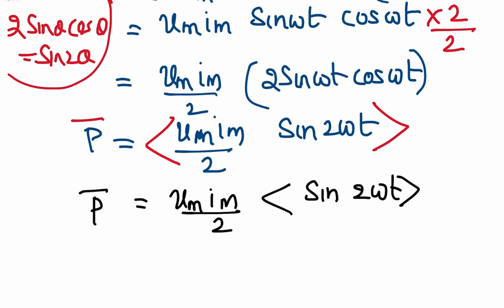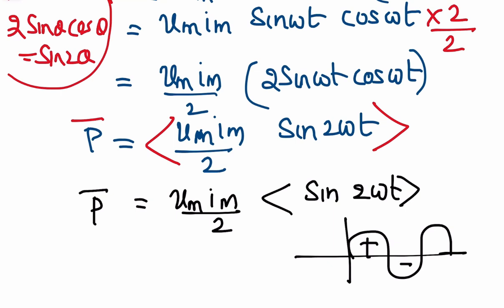The average of a sine function over a full cycle becomes 0, because one full cycle means the positive cycle and the negative cycle, and if you take the average, this value becomes 0. Therefore, power, P bar, is equal to Vm Im divided by 2 into 0.